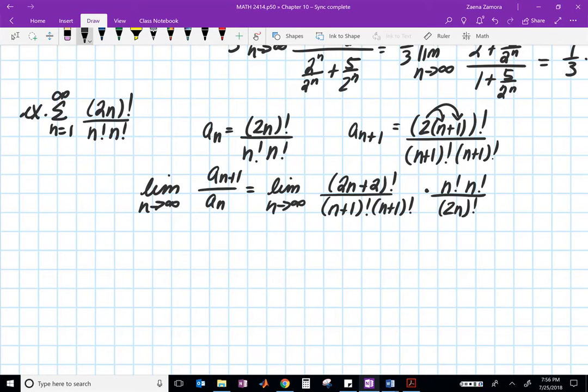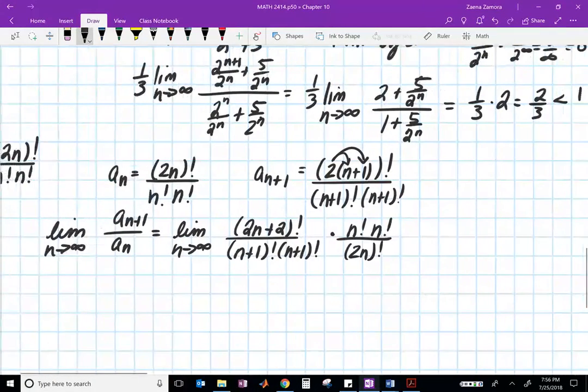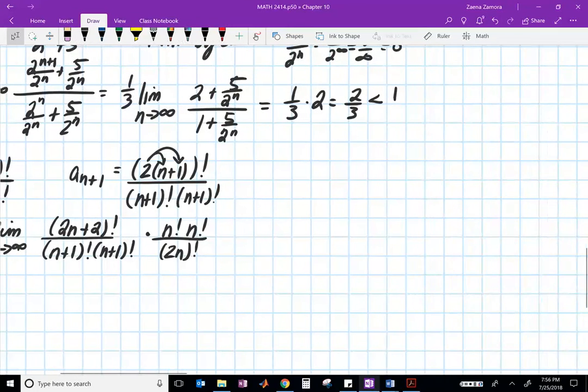So you can cancel 2n factorial? Well, we need to check to see how it cancels out, okay? All right, so let's figure this out. So 2n factorial, right? I'm going to do this over here. 2n plus 2 factorial divided by 2n factorial, right?